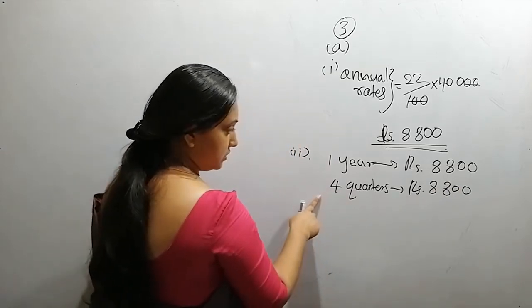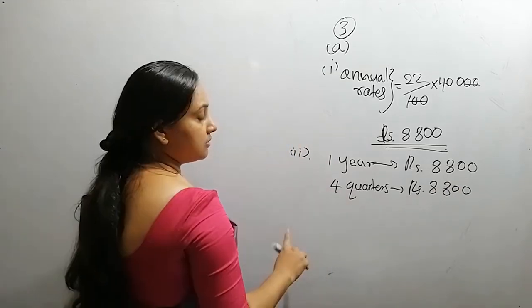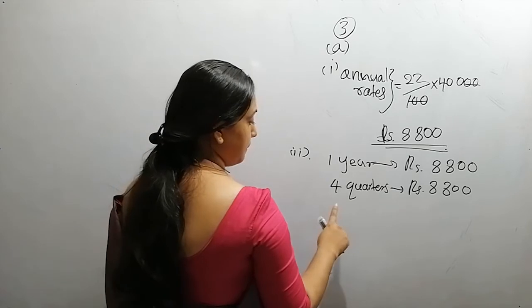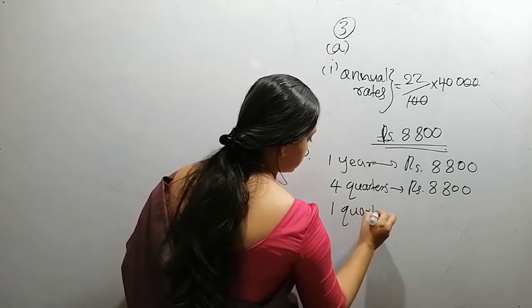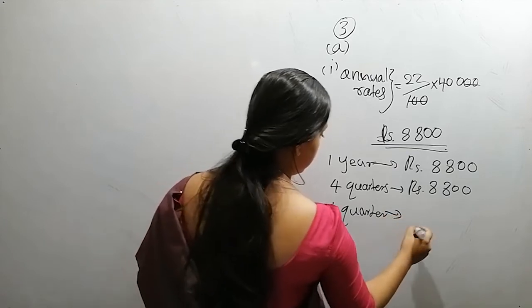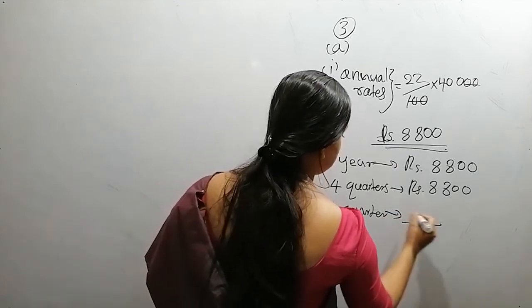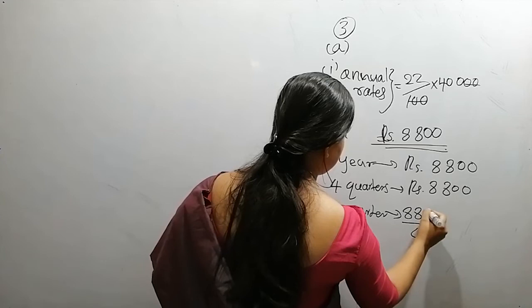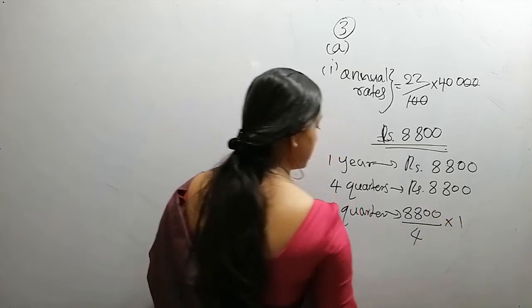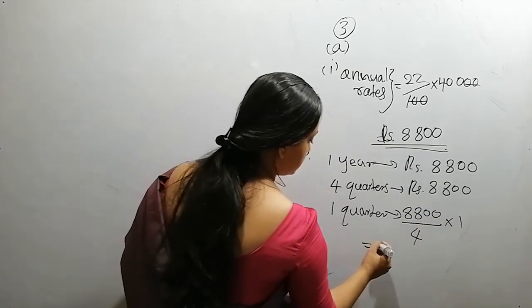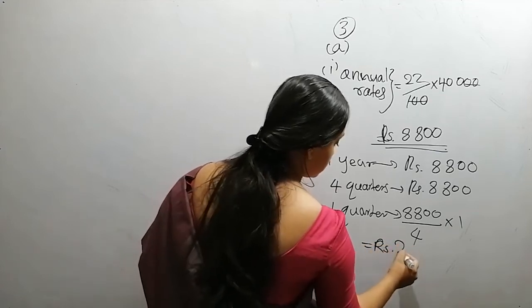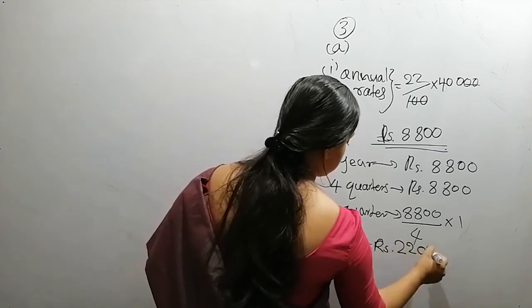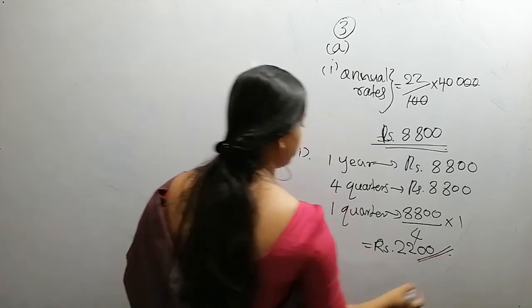We have to calculate for 1 quarter what amount he has to pay. Dividing 8,800 by 4 quarters, for 1 quarter it is 2,200 rupees.